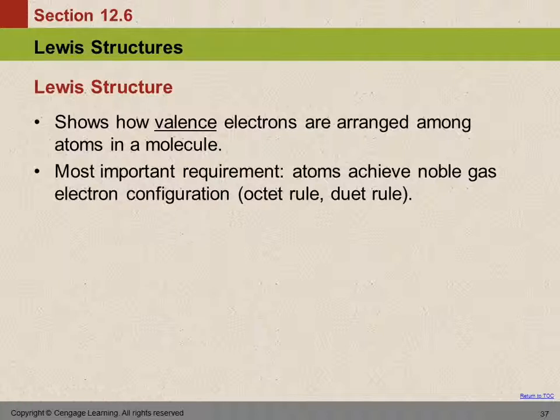And what is important in these Lewis structures is that atoms achieve noble gas electron configurations. We did not talk about electron configurations, and so I'm just going to change this a little bit.